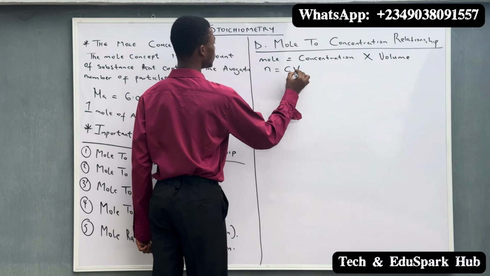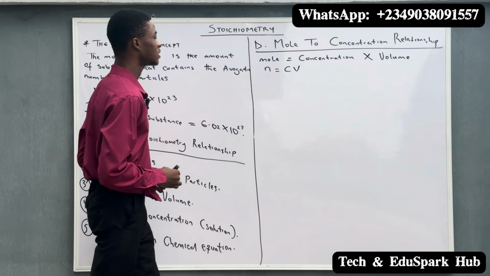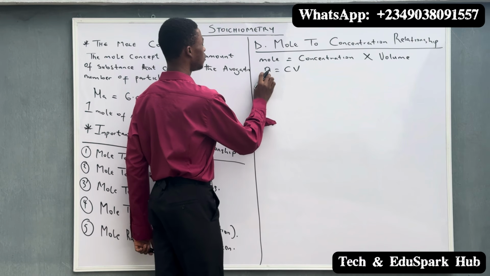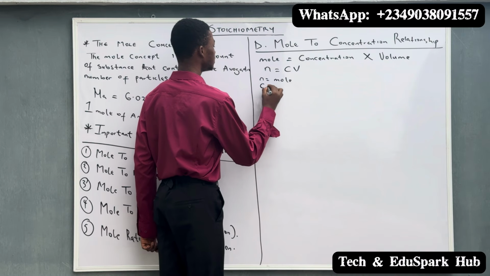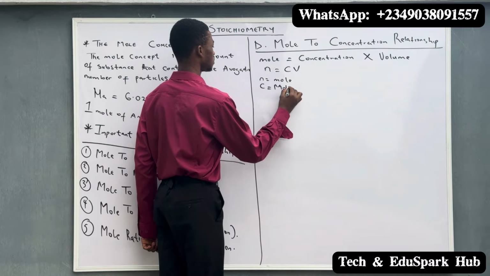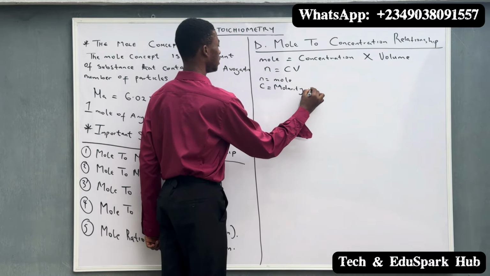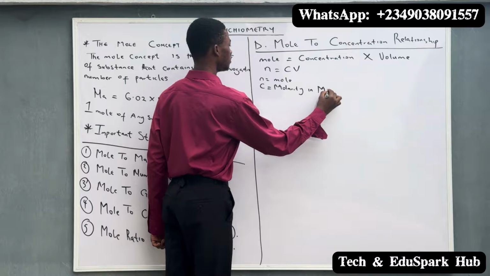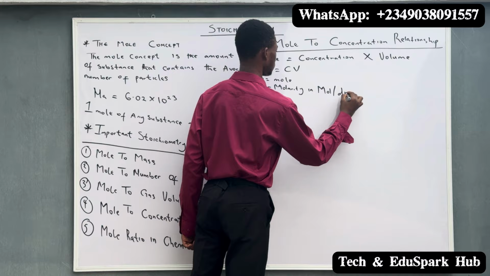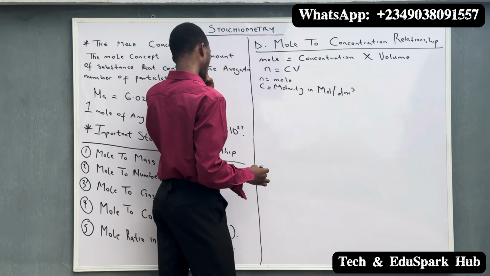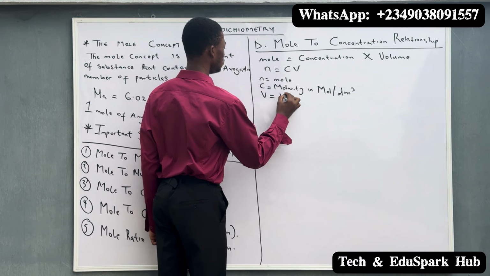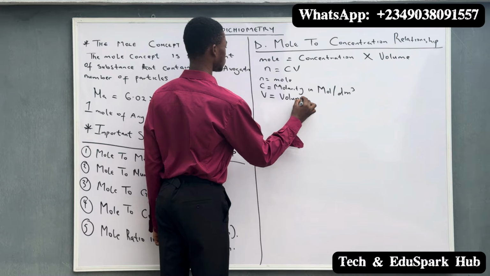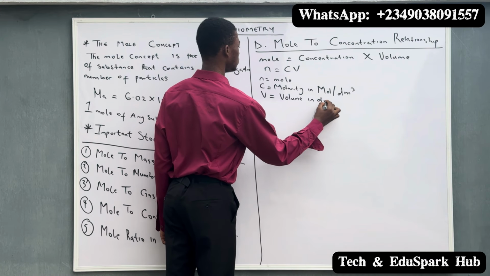So this is our formula for mole to concentration relationship, where N is the number of mole and C is the molarity in mole per dm cube. And we have the V, which is equal to the volume in dm cube.